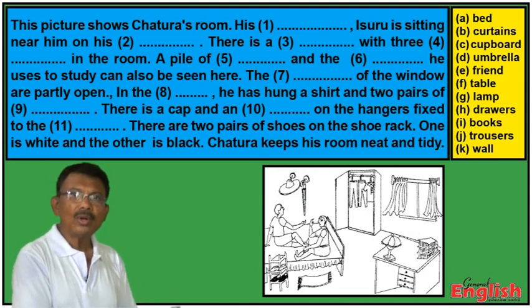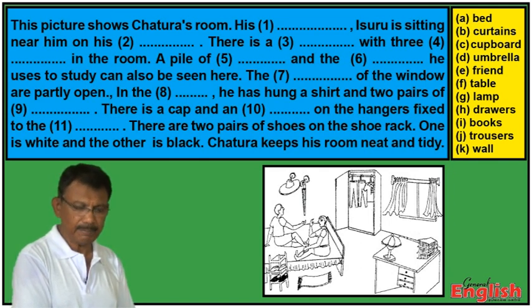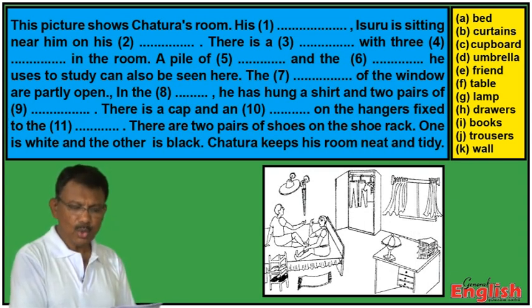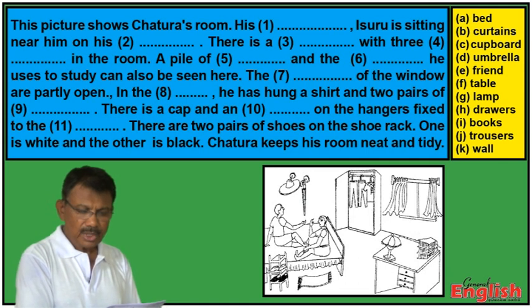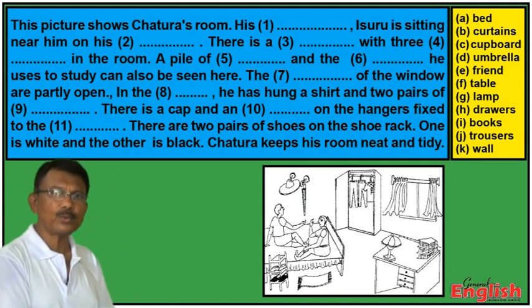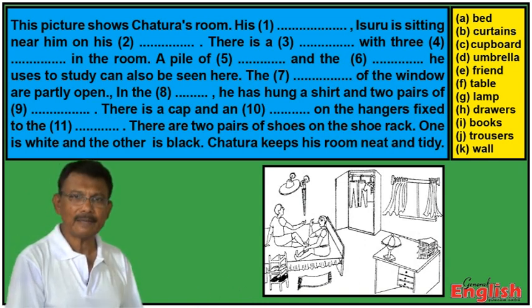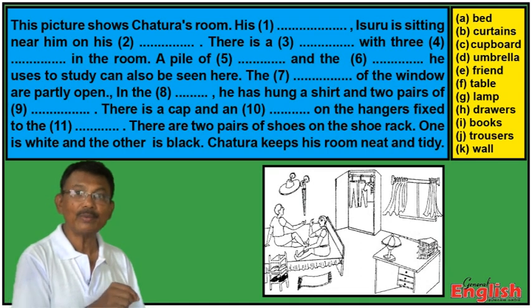Now look at the paragraph if you have a question paper, and let's read it. This picture shows Chatura's room. I hope you all can understand it. This picture, I have taught you the word this.